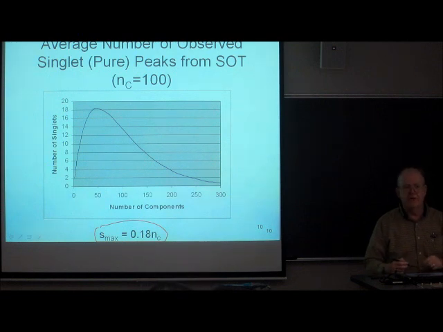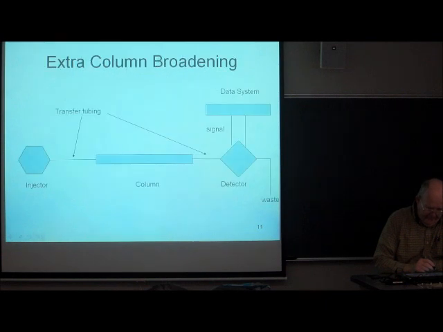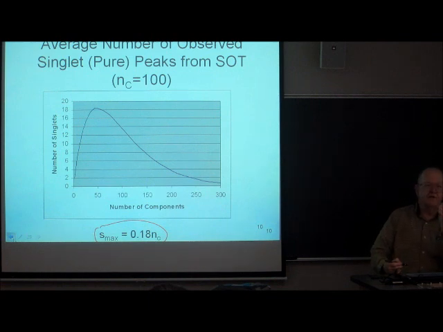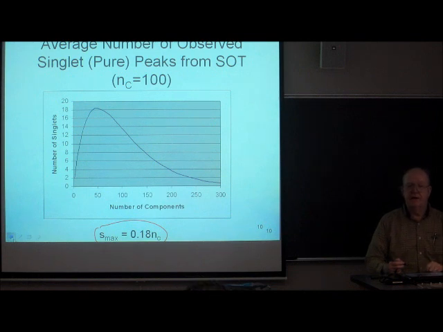You've got to resolve those mixtures better. Okay, those are the basic ideas behind the statistical overlap theory. This is the essence of it. As I said, the literature is loaded with papers on this subject. It has become a very important topic, especially when we're dealing with really complicated mixtures.